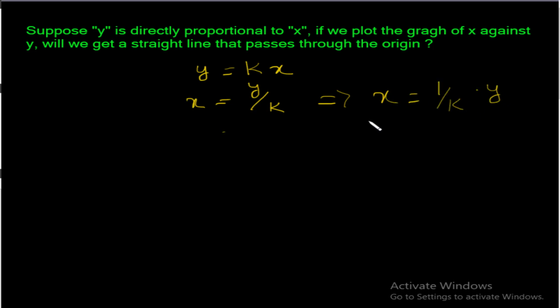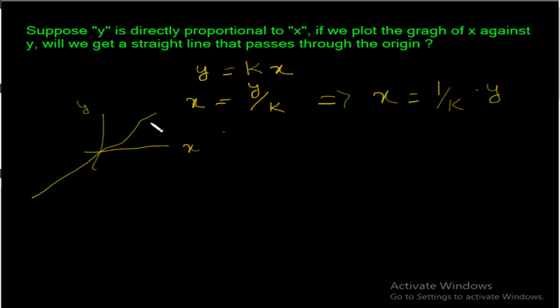Now the graphical representation, the graph of y against x. When we plot y = kx on a graph with y on the vertical axis and x on the horizontal axis, we will get a straight line passing through the origin with a slope of k.